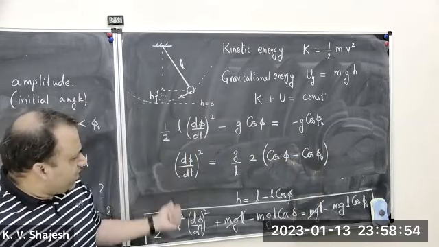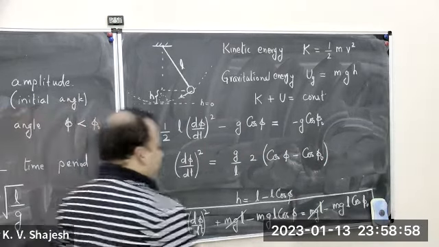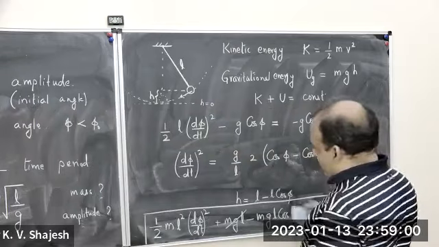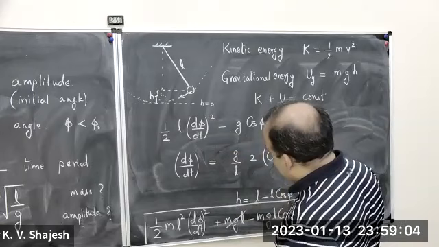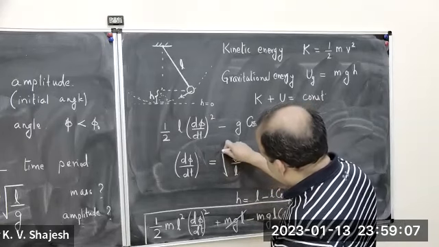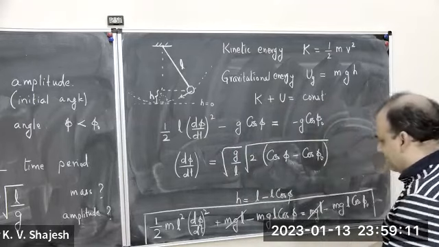There is a square in here, and it's convenient to take the square root, so take the square root on both sides, just to get rid of this square.